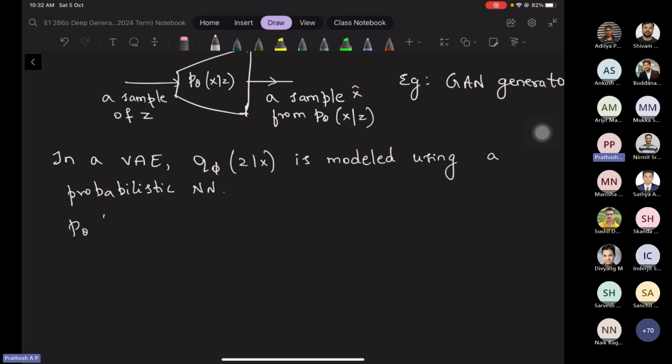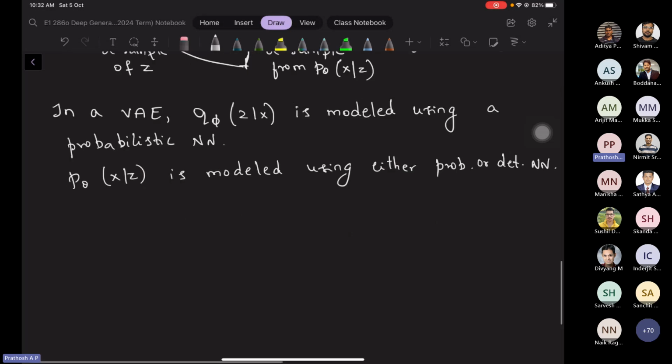And p theta of x given z is modeled using either probabilistic or deterministic networks, as the case may be. These are different instantiations of the same idea. So basically, both of them are modeled: Q phi of z given x is always modeled probabilistically, and p theta of x given z can be modeled probabilistically or in a deterministic way.